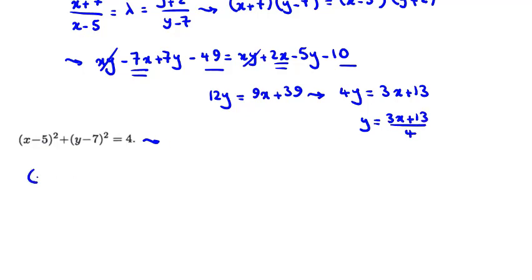And if we replace here, we have x minus 5 squared plus y, replace y with this, 3x plus 13 over 4, minus 7. Look, maybe for each problem we can find a tricky way that is shorter, but when you solve with a Lagrange multiplier, it is more general, and I can say 30 or 40% of these types of problem in SMO, Singapore, or other countries is useful.